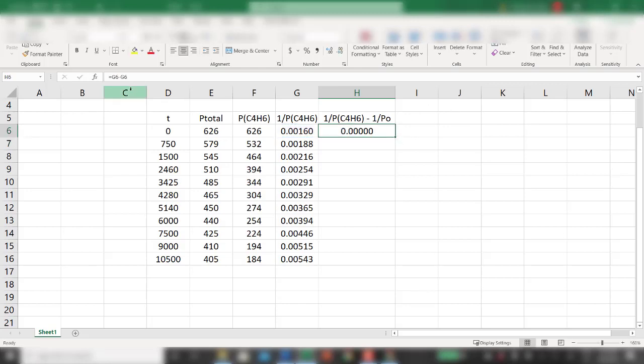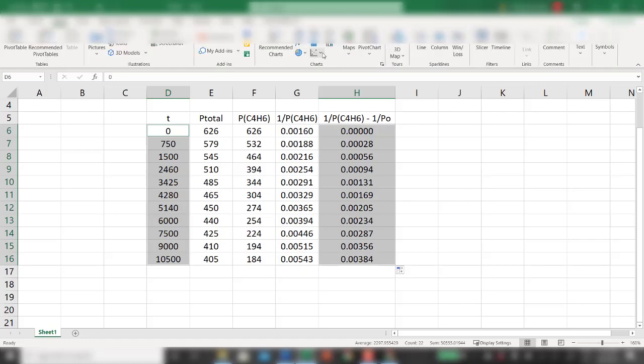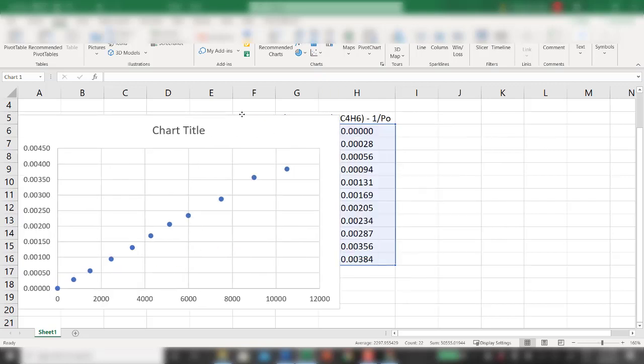I'm going to do the same thing, put a dollar sign to keep it a constant, and drag it down. Just make sure that they are 3SF. Then I'm going to plot this against T. So I'm going to insert a graph, scatter plots, to see if it's really a straight line.